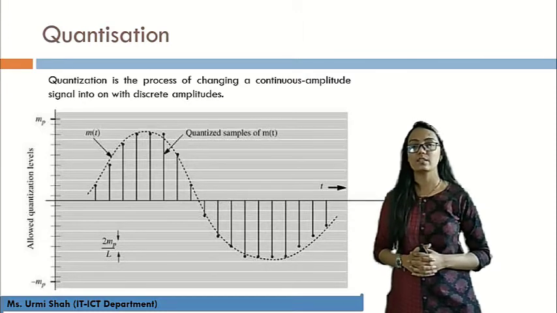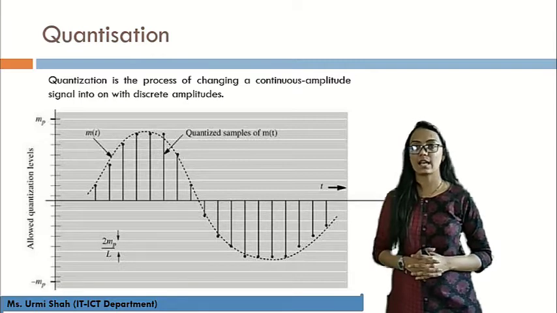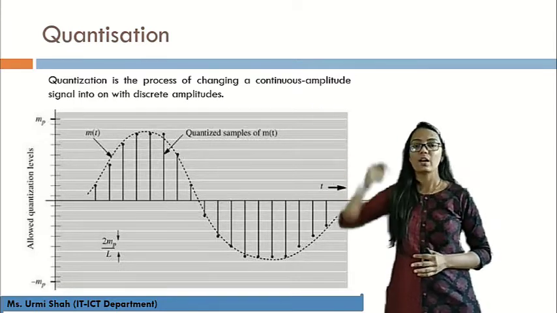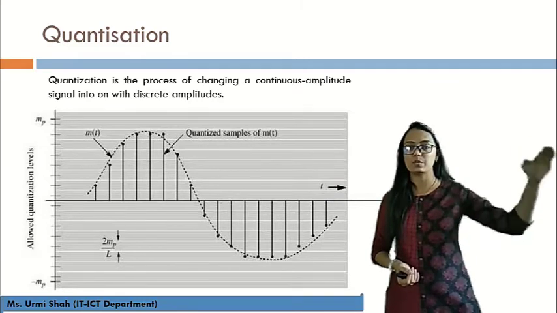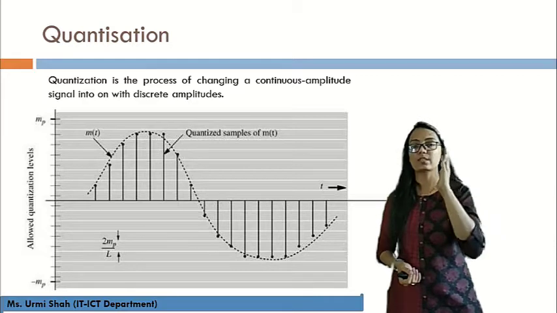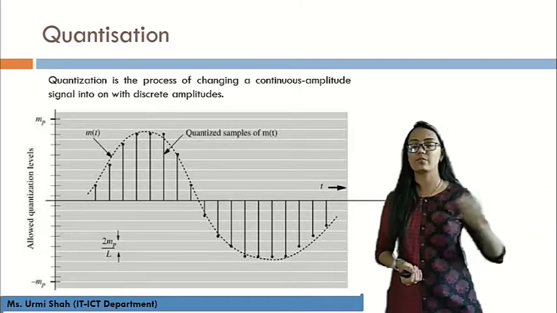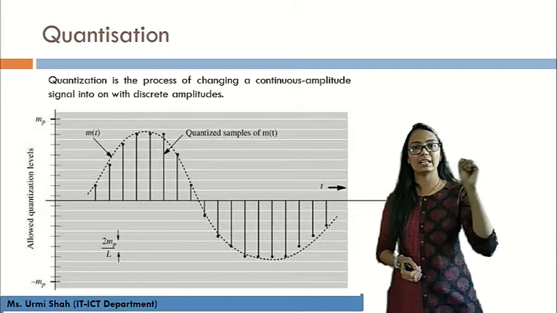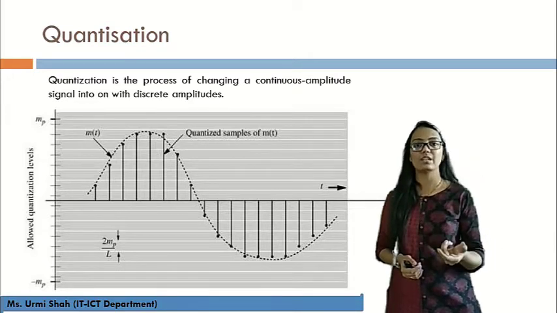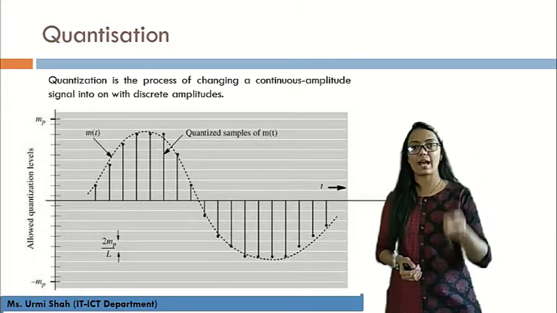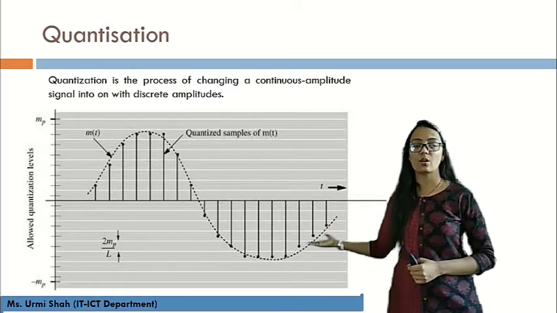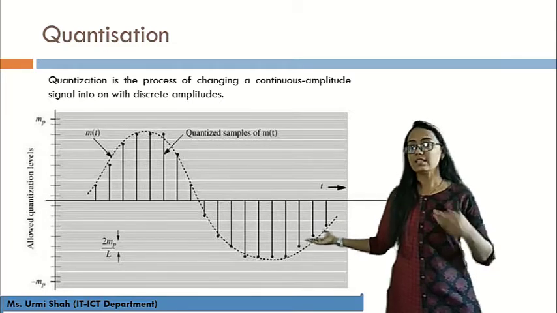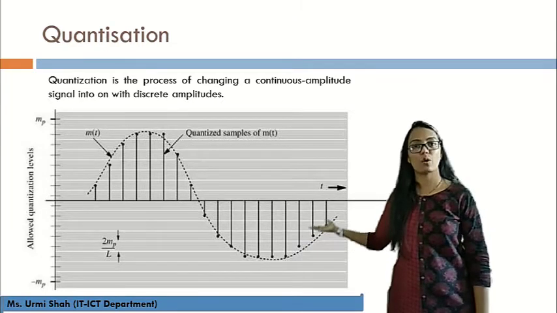Basically, quantization is the process of changing a continuous amplitude signal into a discrete amplitude. That means if I have a continuous wave and I want to sample or discretize the wave in the form of some discrete points, then at specific intervals of time I have to check the amplitude of that signal. That conversion of a continuous wave into discrete form is what we call quantization.